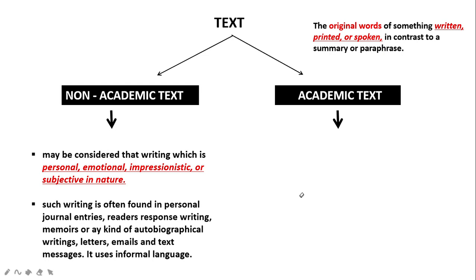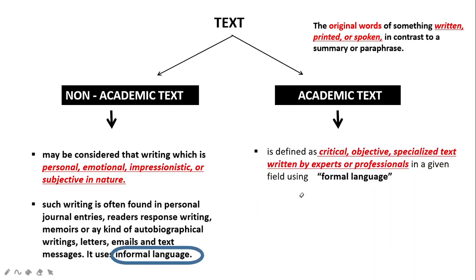It uses informal language. On the other hand, academic text is defined as critical, objective, specialized text written by experts or professionals in a given field using formal language. Take note, formal language.